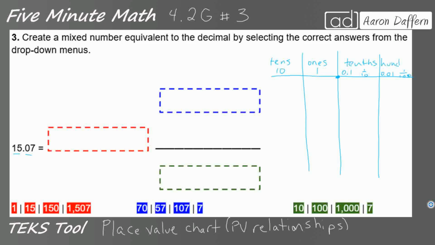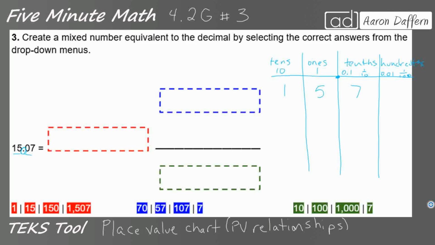Those are the hundredths. All right, so I'm going to take my number 15.07. I can use this decimal place as kind of my guide. I'm going to build my 15 to the left of the decimal place, and I'm going to build my 7 to the right of the decimal place. Now, I need to make sure I don't just put 7.